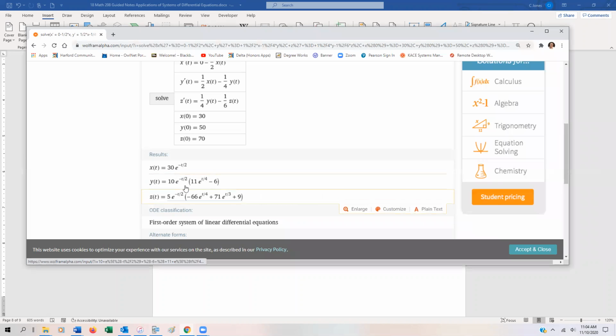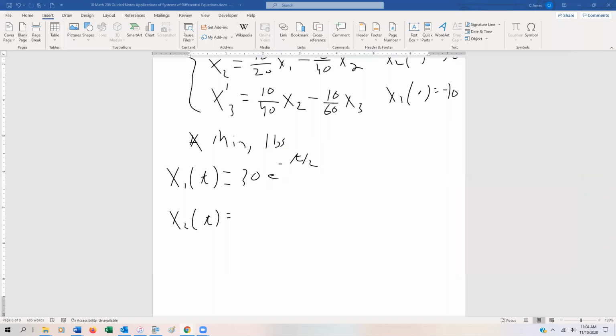So I'm just going to distribute the 10 through here just to make it a little bit easier on us. So that's going to be 110e to the minus t over 4. And then we're going to get minus 60e to the minus t over 2.